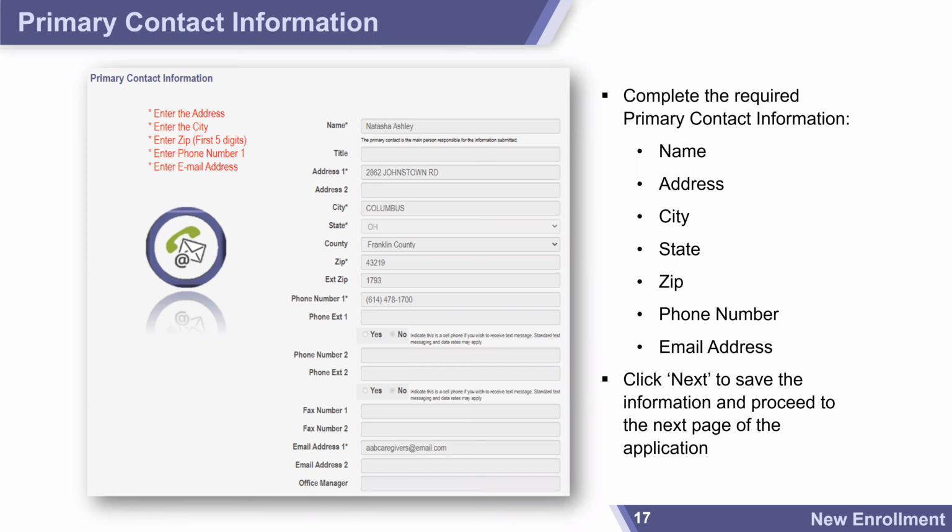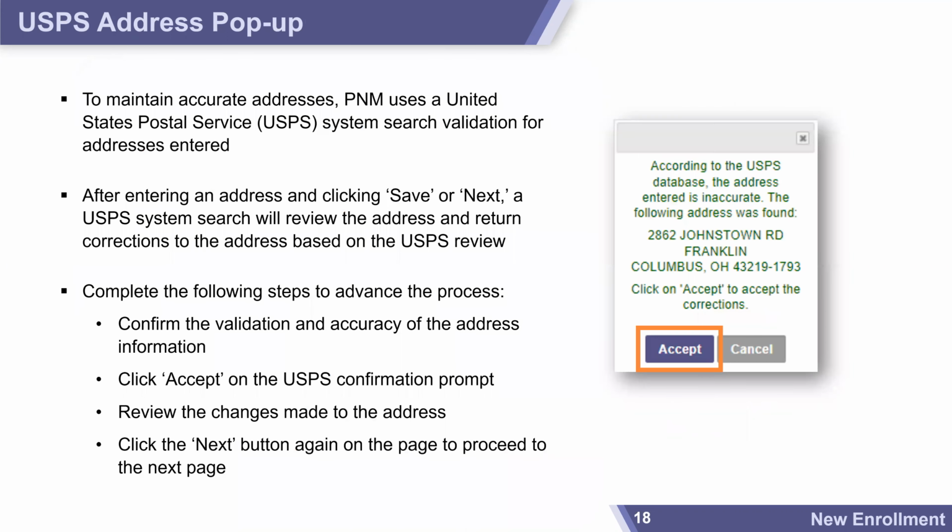One thing that you're going to see on pretty much all of the address pages, because there are multiple, is you are going to get a USPS pop-up. Anytime you're inputting an address, what P&M will do is search the USPS system to validate the address that you put in.